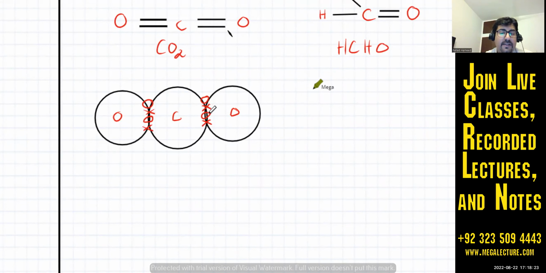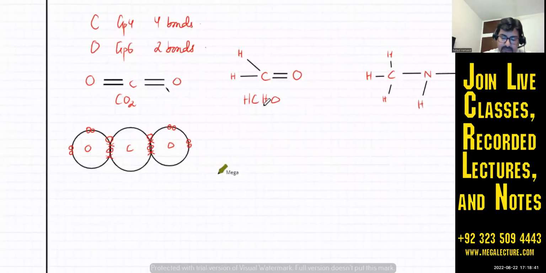So only 2 of the electrons are being shared. So that means there are 4 electrons that are left for oxygen. And the same applies to the other one, that there'll be 4 electrons left for the other oxygen as well.